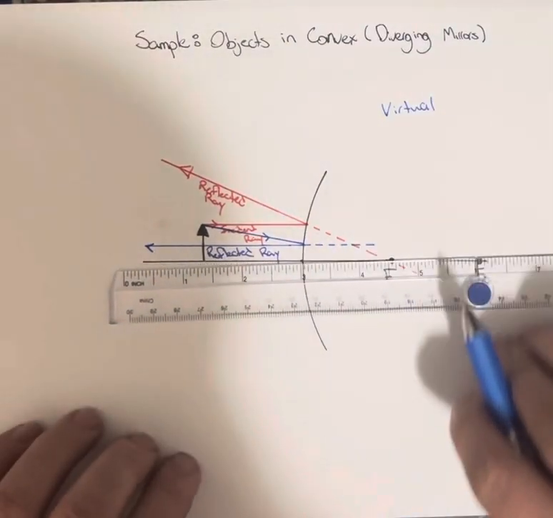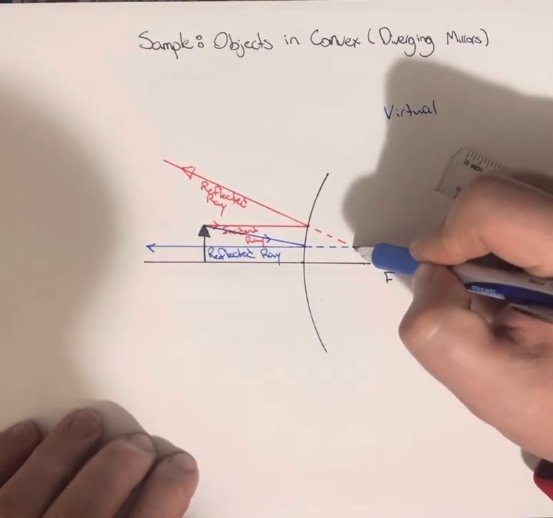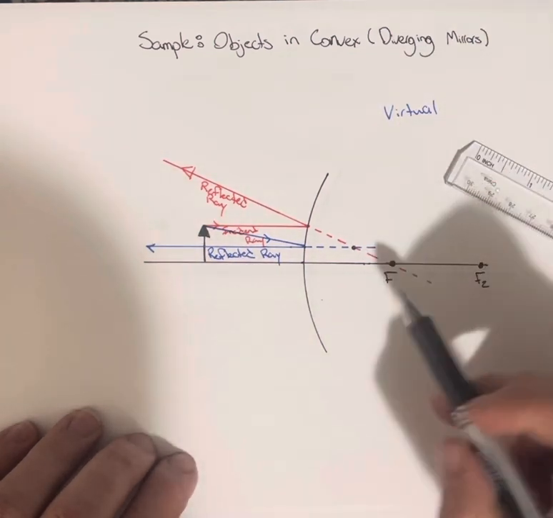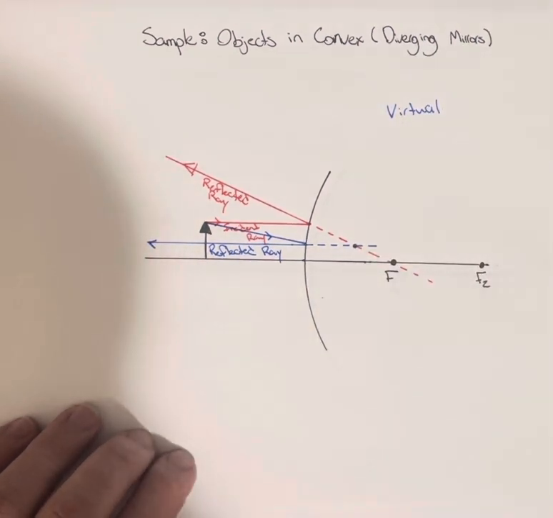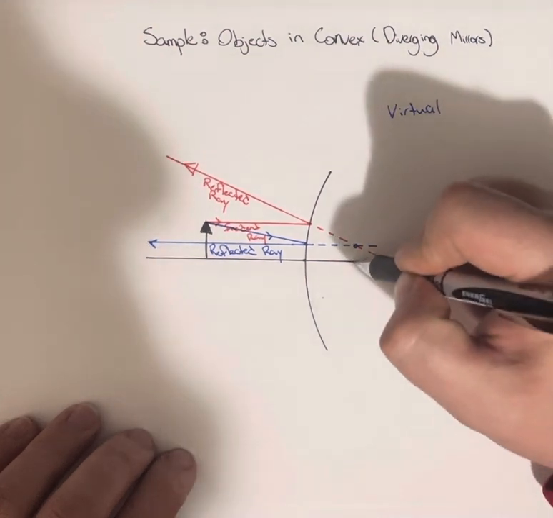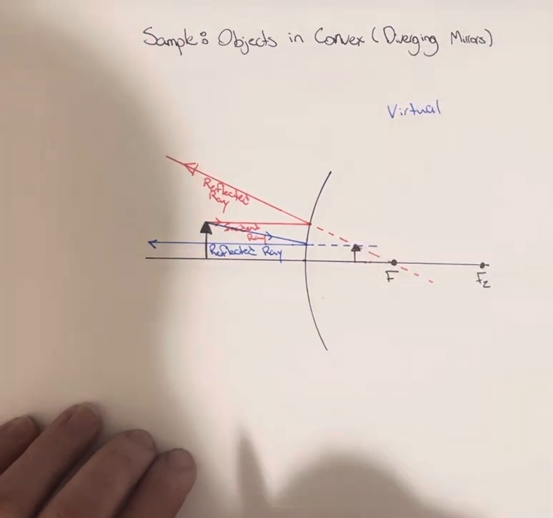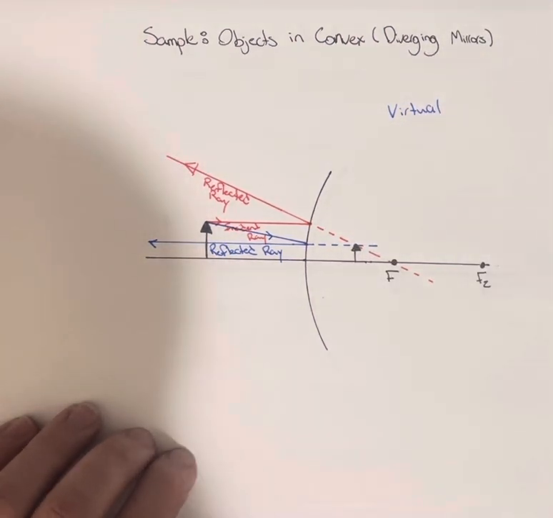And what you will notice here is that those two lines are going to intercept at a very specific point. Now that point there, just like when we saw in our converging lenses, is going to be the location where your image is going to be. So I can draw my little arrow here, and that is going to be the location of this image.